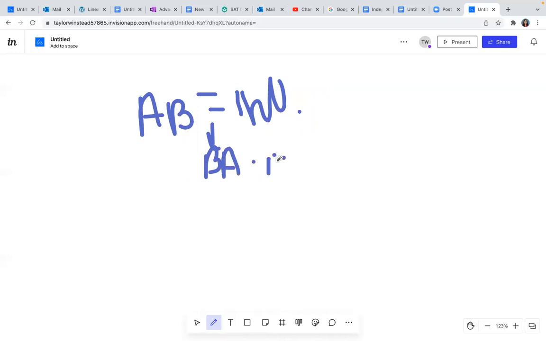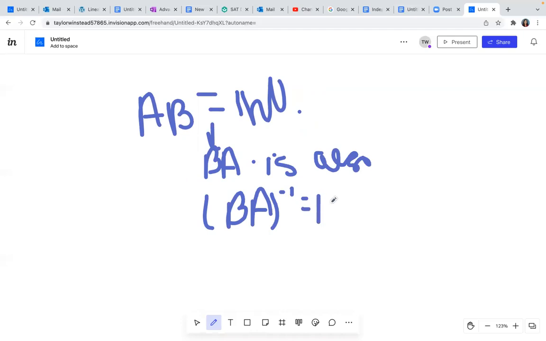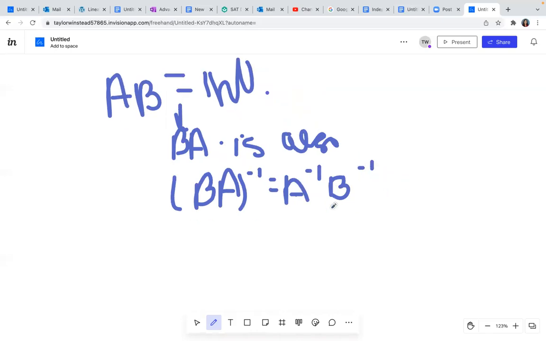Another good thing to note. And (BA) inverse is inverse A, inverse B.